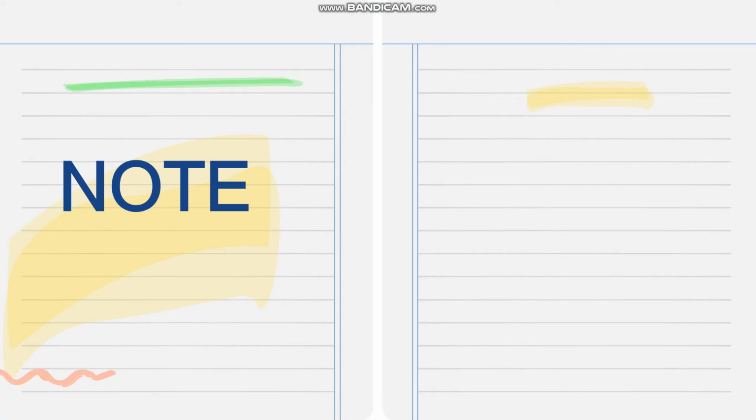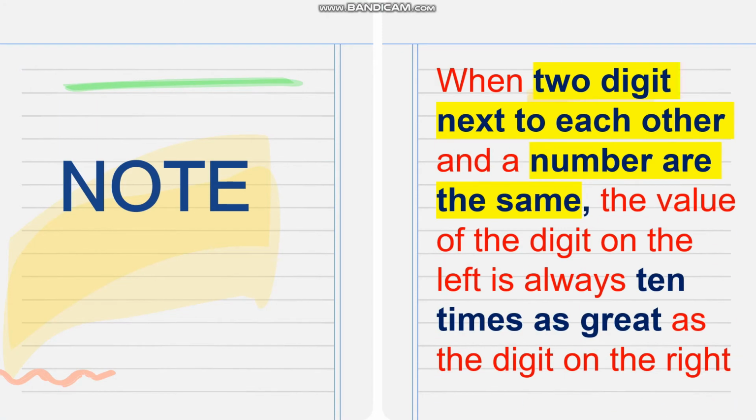Find the relationship of the given digits. You must remember that it is 10 times as great if the two digits are next to each other and the numbers are the same. For example, I have 4,472.